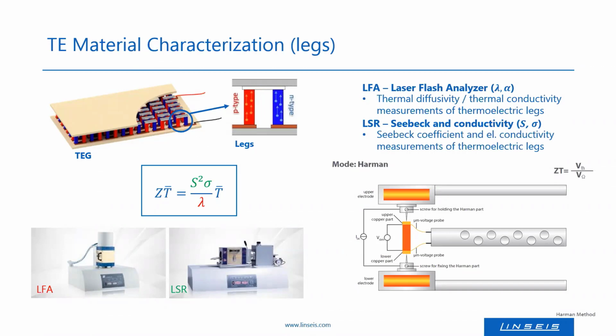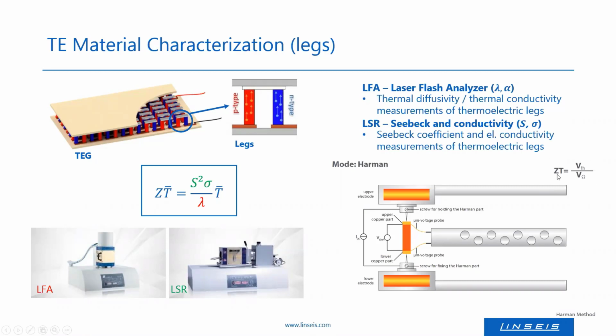And if then the ratio of the measurement of the initial voltage drop, so the ohmic part without a temperature gradient, and the measurement of the stationary voltage drop, the one including the thermal voltage, are used, one can calculate the figure of merit directly as shown here in this formula.